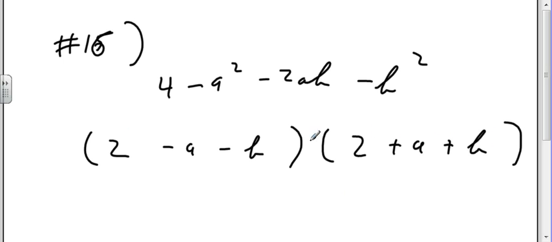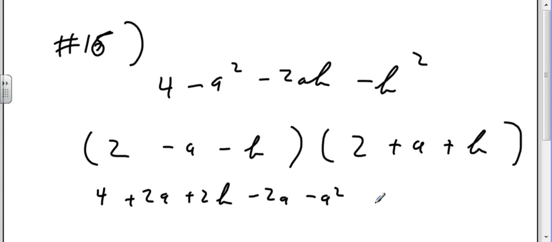Okay, so I got a 4. I've got a plus 2a plus 2b. I've got a minus 2a minus a squared minus ab. I've got a minus 2b, a minus ab, and a minus b squared.